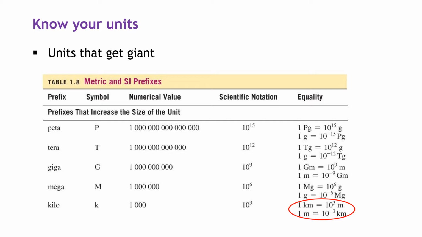So we've actually kind of made things large. We've expressed 1,000 meters in a single unit, so it's larger, right? We've increased the size of the unit. Now again, we could flip this around, and 1 meter is going to be equal to 10 to the negative third kilometers.